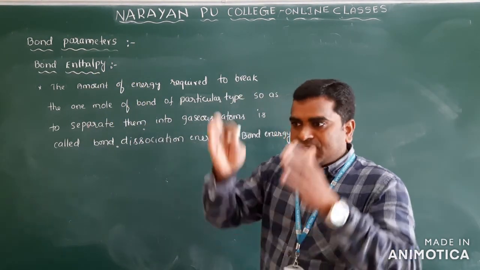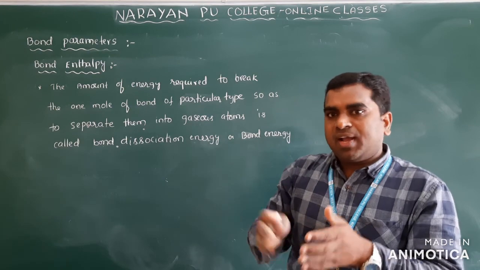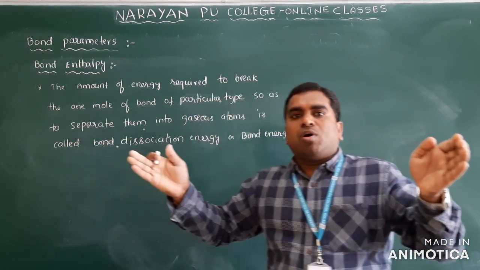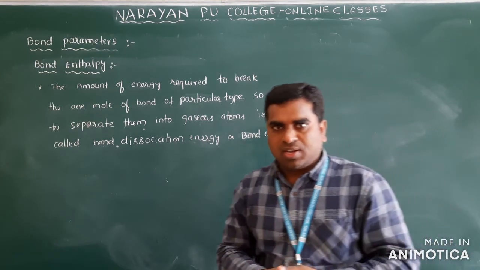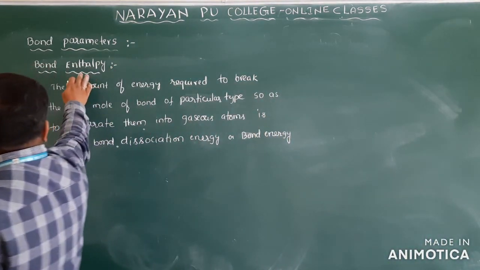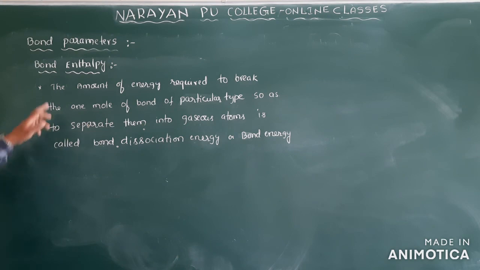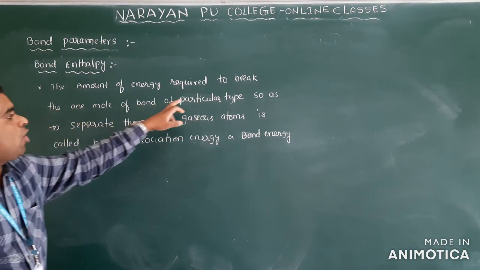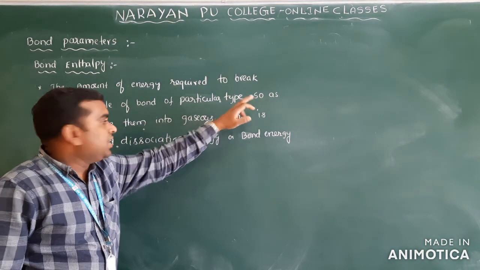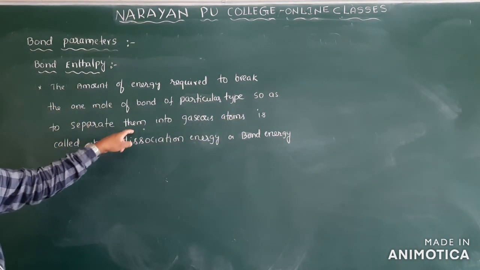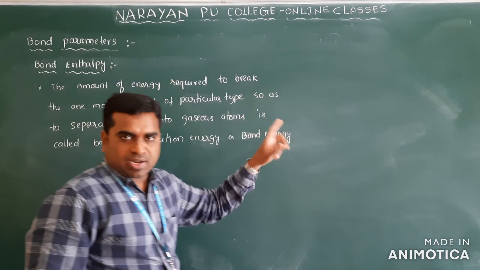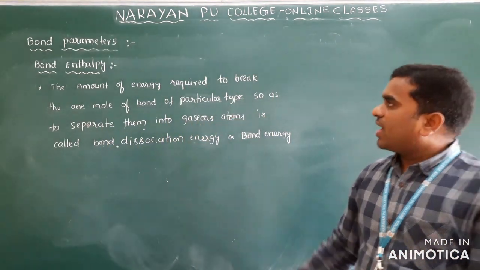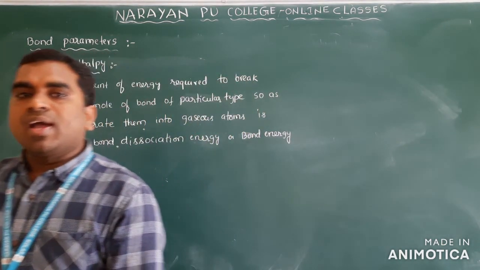After bond breaking, those atoms have to separate in the form of gaseous atoms, and that we call the bond enthalpy. Clear? The amount of energy required to break 1 mole of bonds of a particular type in order to separate them into gaseous atoms is called the bond enthalpy.